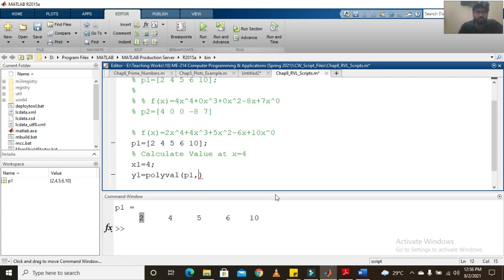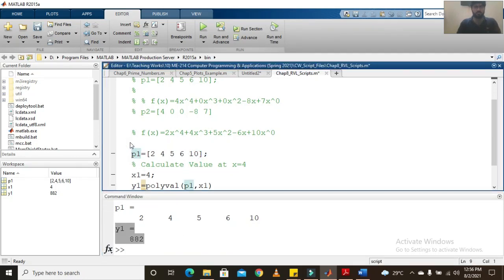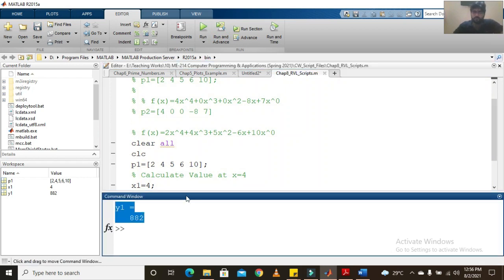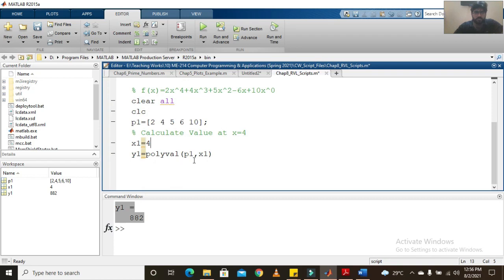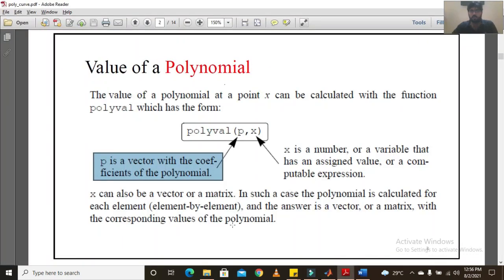So when I mention y1, here you can see that the value has been calculated. And if I remove the output suppressor from x1, the x value and y value are shown here. So this is how the values are calculated.